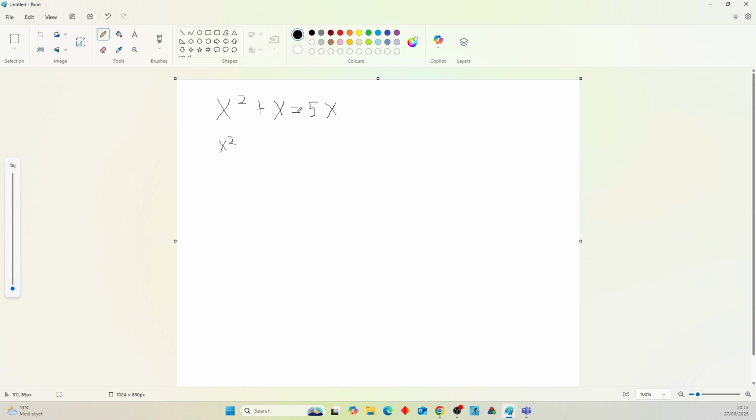Instead of thinking about x, you can think there is a number 1 times something. So 1 minus 5 is equal to minus 4, and the something equals x. And then you set it equal to 0. The right hand side is now empty.